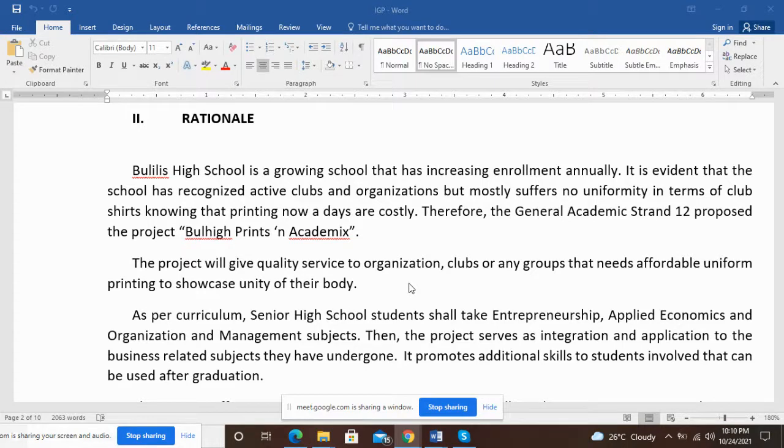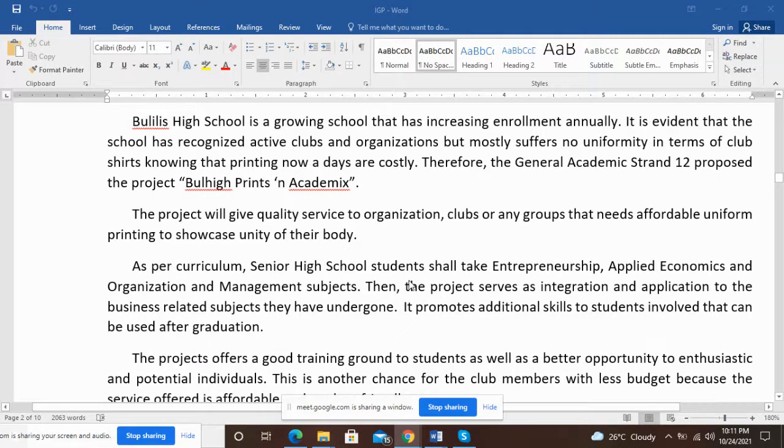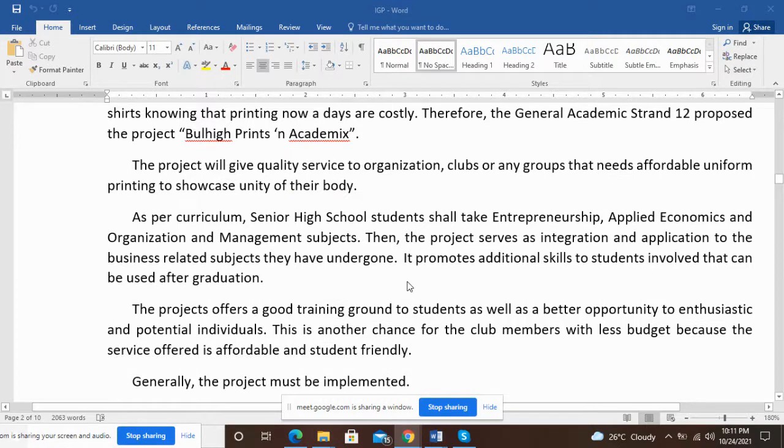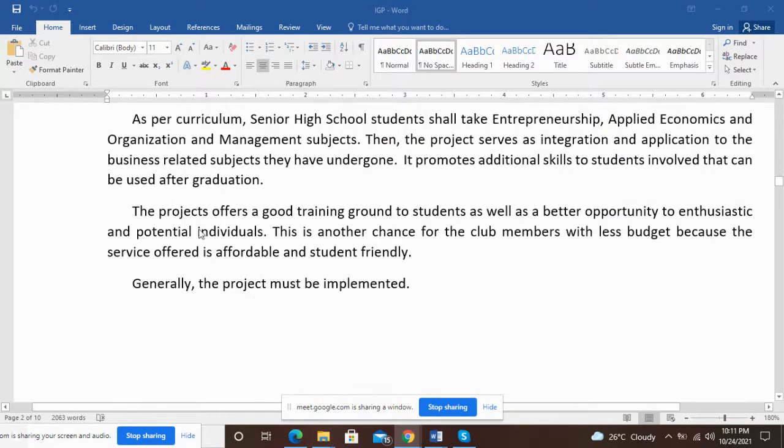In my case, in my general academic strand, they have entrepreneurship classes, applied economics, and also business organization and management subjects. So that's what I used as integration or culminating activity, in application of the skills they have learned in the subjects. That's why I'm conducting this IGP, the Bullhigh Prints and Academics. So we have here some of the reasons why I'm conducting this.